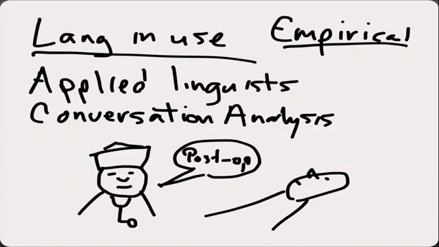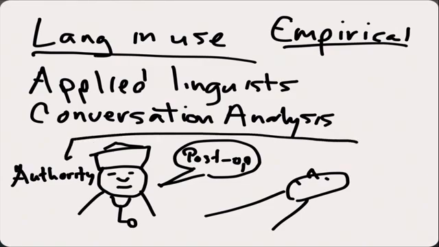So someone who's looking at language in use for this particular situation might be interested in things like how she establishes notions of authority in that particular situation. So it would be looking at very on-the-ground instances of language in use. So that's the second one.